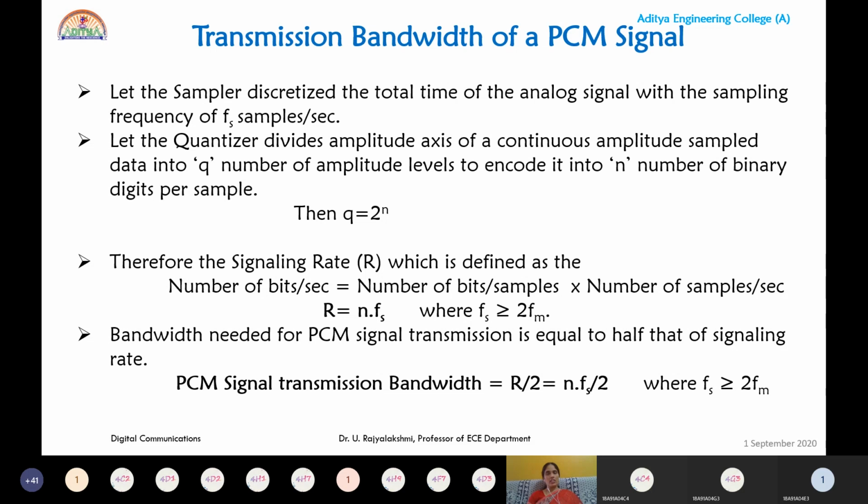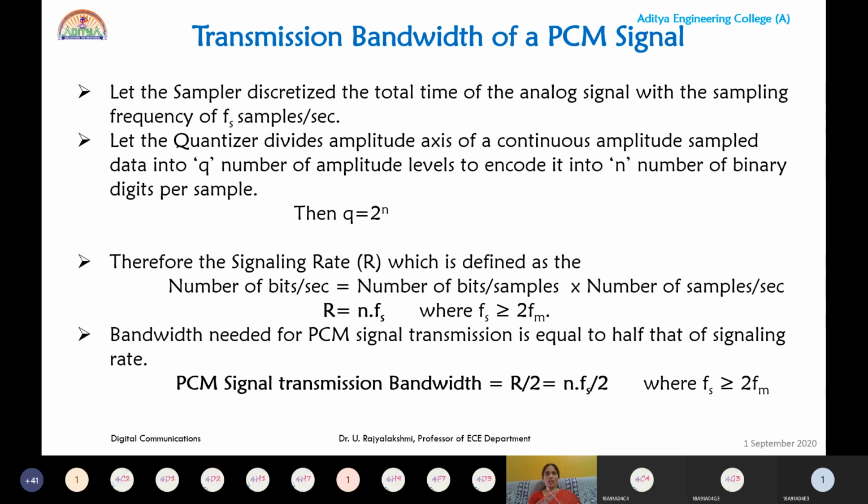So this is all about the general introduction and the transmission bandwidth of the PCM signal, as well as each and every element present in the PCM. With this, we can conclude the third module. Is this module clear to everyone? Can we move to the fourth module, regarding the quantization error? In the next module, we will calculate the signal to noise ratio of PCM.